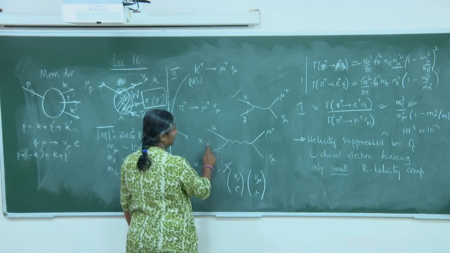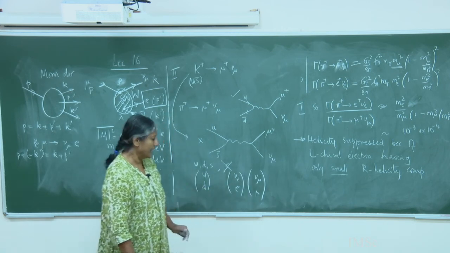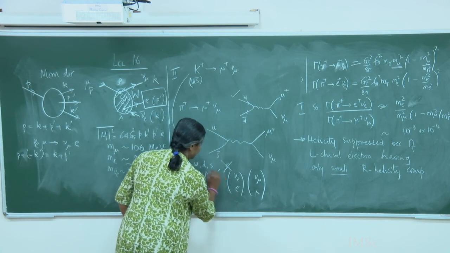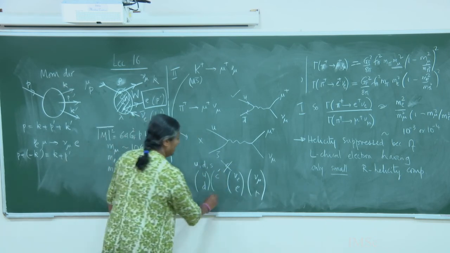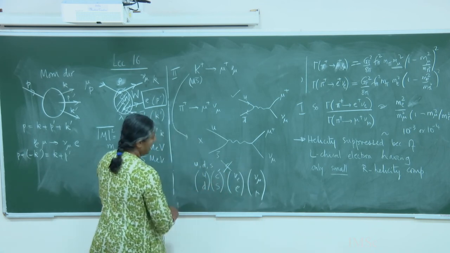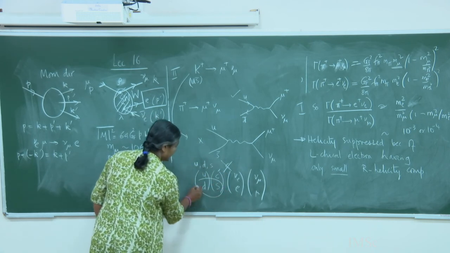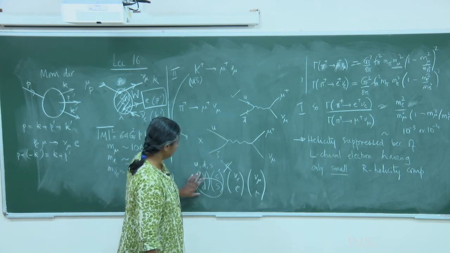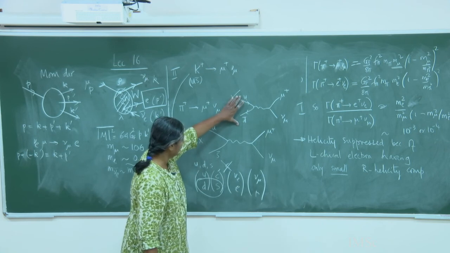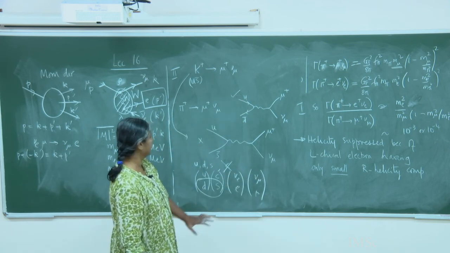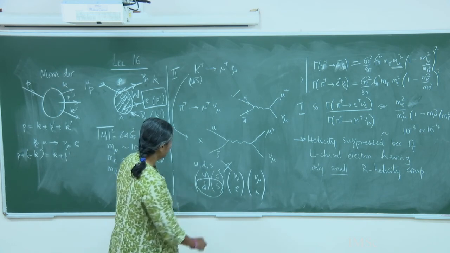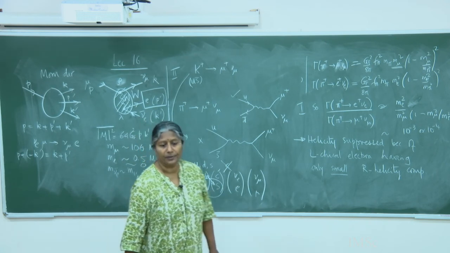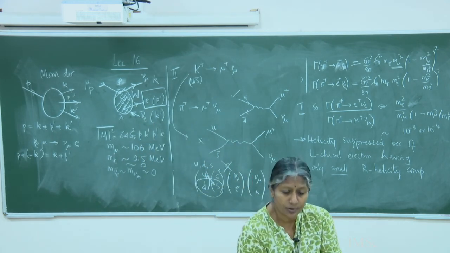This is suppressed compared to this, but this also happens, and in the next class we will try to understand why this happens, because there are two things. One is that there is a charm quark which people did not know of, and it has S as its partner, and furthermore D and S states mix in such a way that not only this coupling, the first generation, this UD couples to any other set of these things, but also the across generation conversion can happen. So what is so special about the across generation conversion?